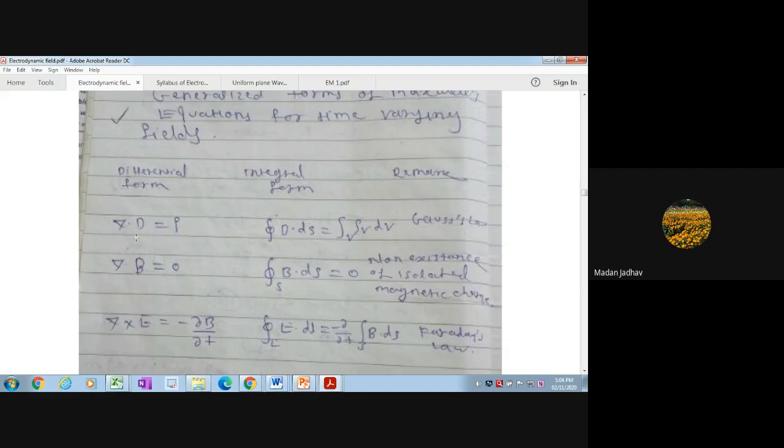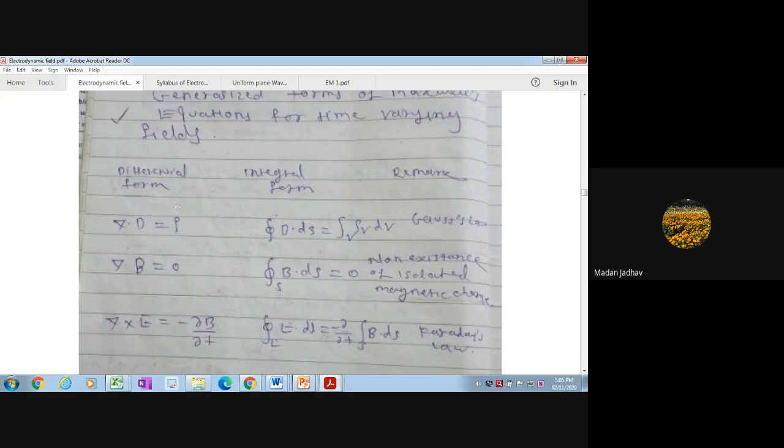Divergence means the net outward flow of electric flux through a closed surface per unit volume, as volume tends to zero. And if the divergence of the electric flux density is more, it means the volume charge density is also more.